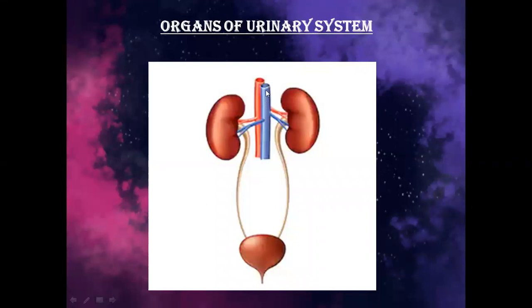And this blue tube takes the unclean or unfiltered blood from the heart to the kidneys, because we will say now in the next part that the two kidneys help us to filter the blood. So this is the tube that brings the unfiltered blood from the heart to the kidneys to filter it, and the red tube, or the artery, takes the blood after filtration and brings it back to the heart clean. Okay?